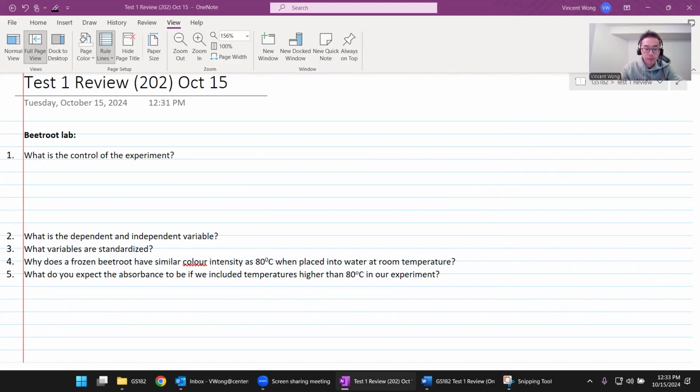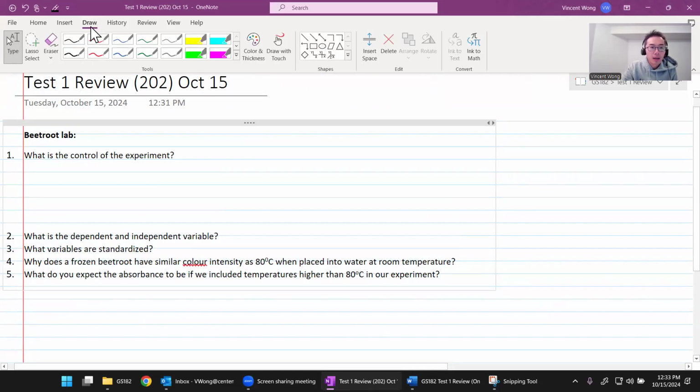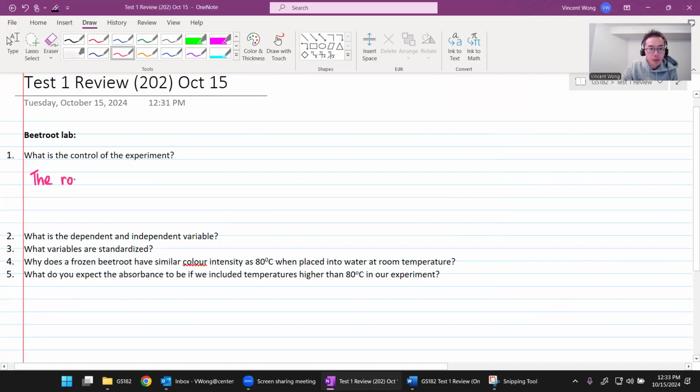It's the group that has not received any treatment, no changes. It provides a reference and a baseline to compare all the other stuff with. And in the beetroot experiment, that would be the test tube that is at room temperature. Okay, so the room temperature test tube or beaker, right?